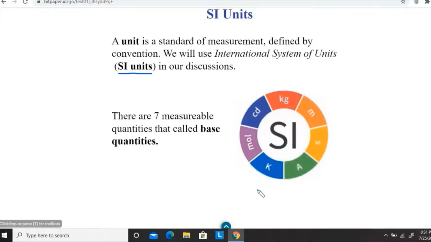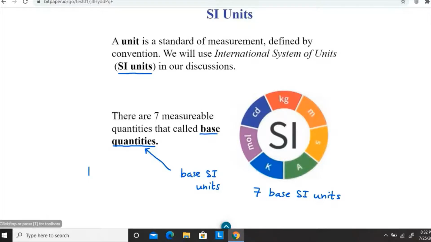There are 7 base SI units. As you can see here, there are 7 base units. For those 7 base SI units, there are 7 base quantities. We discussed some of these quantities earlier.